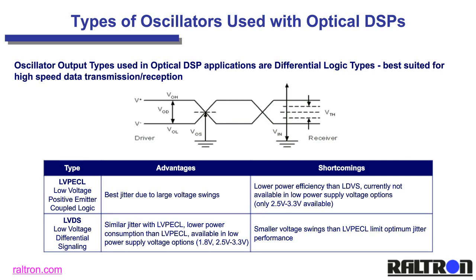If you have an application that is small and you need less power, then you try to go to 1.8 volt, it will be LVDS only. If you have larger applications, larger modules, board level products, and jitter is absolutely critical, then you take LV-PECL. So these are some of the compromises that are out there.